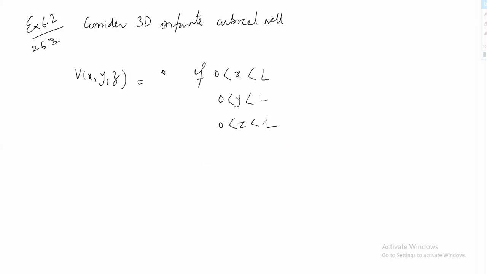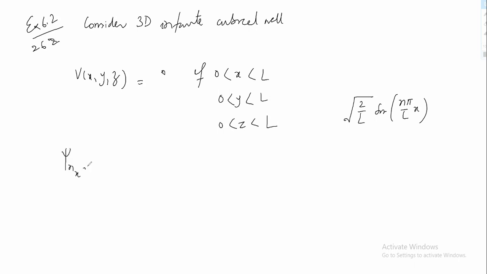As you know, the time-independent solution to this problem for one dimension was square root of 2 by L, sine n pi by L into x. Now in three dimensions, this will be how much?